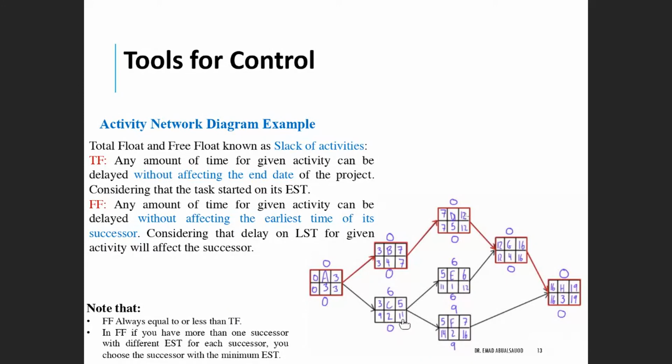If we have the latest starting time of 9, and you have already proceeded with that more than the duration time, which is you have like 3 instead of 2, so that will be 12, it will not give you enough time to proceed with the successor, because the starting time will be 12 plus 9, and that will give you 21, so you will be delaying the project.